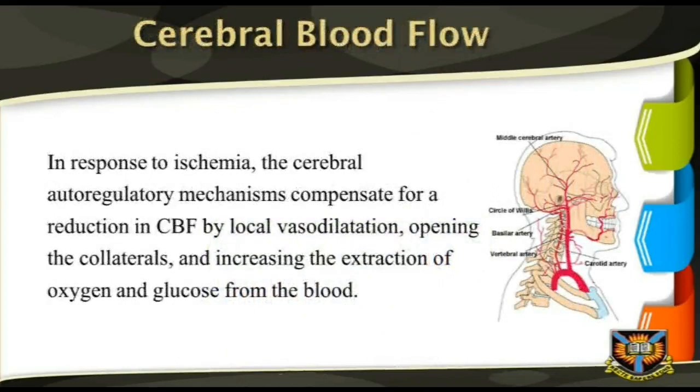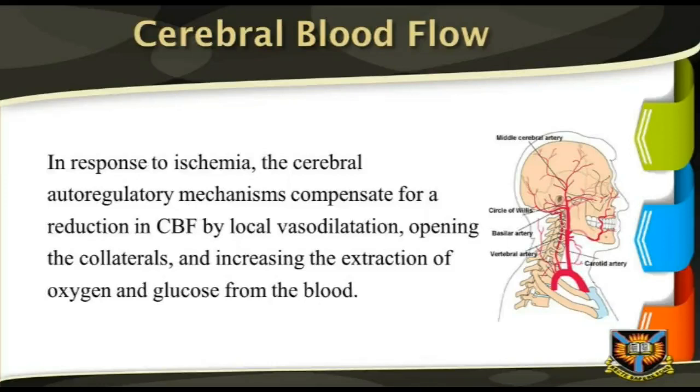Cerebral blood flow. Normal cerebral blood flow, CBF, is approximately 50 to 60 mL per 100 grams per minute and varies in different parts of the brain. In response to ischemia, the cerebral autoregulatory mechanism compensates for a reduction in CBF by local vasodilation, opening the collaterals and increasing the extraction of oxygen and glucose from the blood.